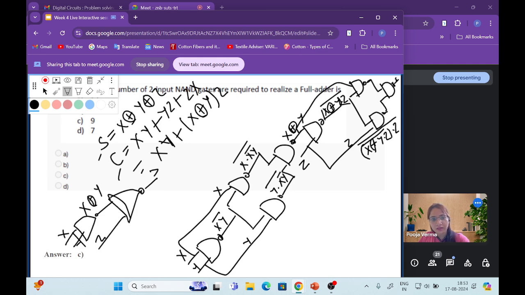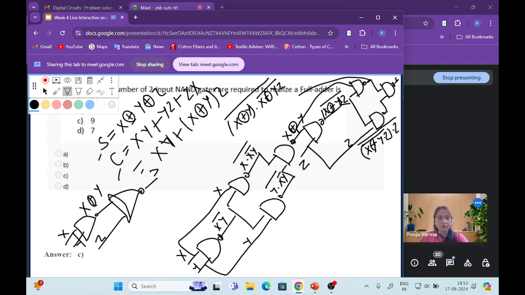In this output you will get x XOR y in one bracket, right, into (x XOR y into z')'. Okay, and here we will get (x XOR y) into z' into z overall dash.